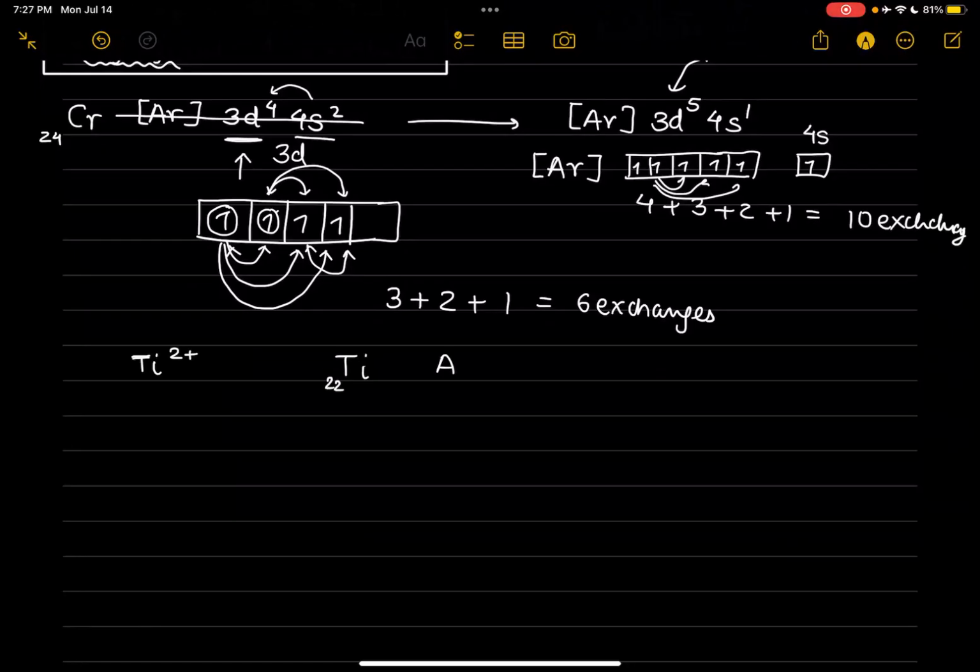Argon, 22 was 2 and 2, right? 4s2 and 3d2. But while removing, you remove the outermost shell electrons first. 4s you remove, 3d2 remains. It has 2 unpaired electrons in d subshell. All the inner are paired.